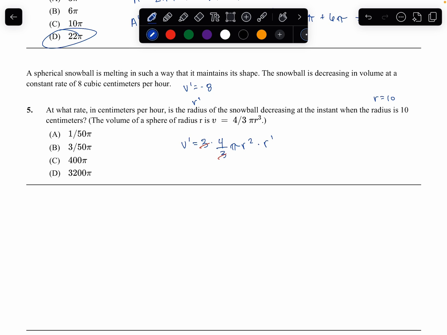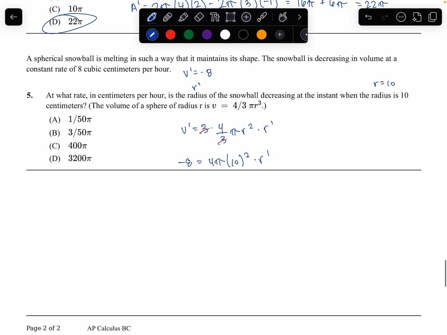So V prime, which is -8, is going to be equal to 4 pi times r, which we're saying is 10, times r prime. So -8 is going to be equal to 400 pi times r prime?